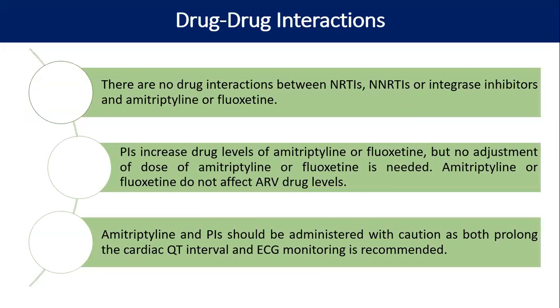There is no drug interaction between NRTIs or integrase inhibitors and amitriptyline or fluoxetine, so we can safely use them. PI increases the drug level of amitriptyline and fluoxetine, but no dose adjustment of amitriptyline or fluoxetine is needed. And amitriptyline and fluoxetine don't affect ART drug levels, so we need not modify the ART drug doses.